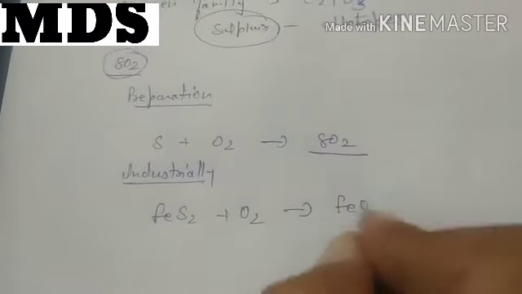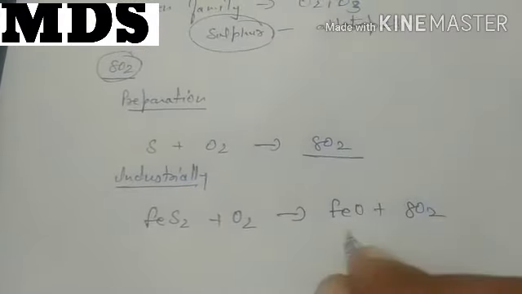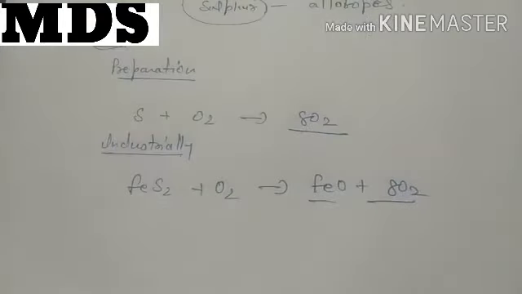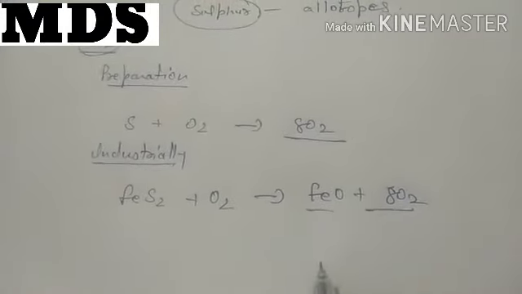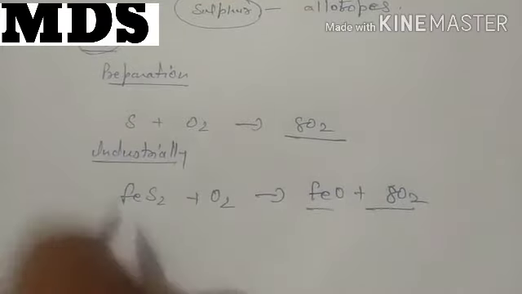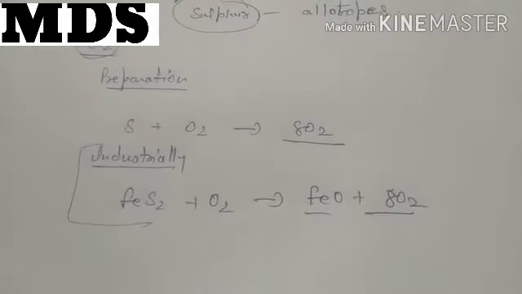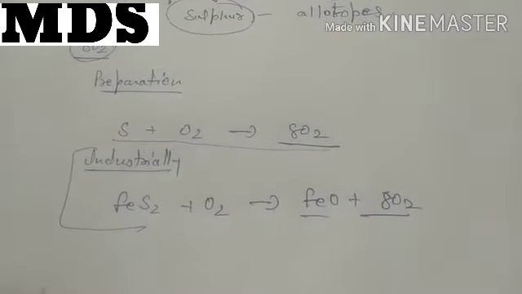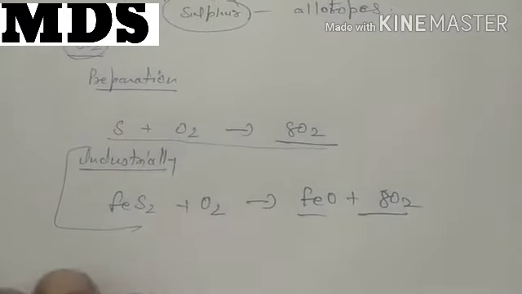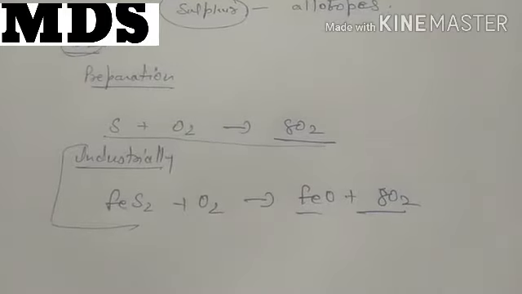At that time, oxides of metal are formed and sulfur dioxide is produced as a byproduct on a large scale. So these are the two methods. This one is for production, and this one, when you need it in purified form, you burn sulfur to give sulfur dioxide.